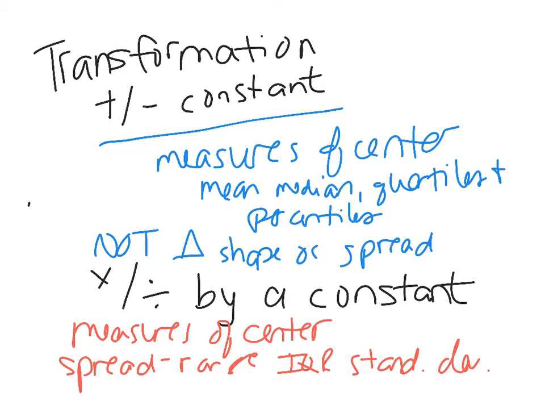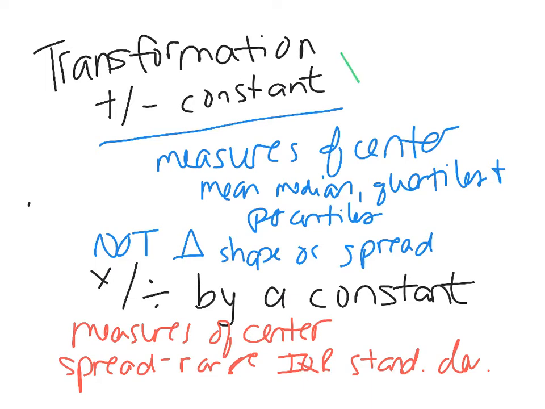Okay. When we're talking about variance, which is going to be important in this particular set of things that we're going to be doing, you cannot just multiply the variance. You will multiply the variance by the constant squared. Okay, so keep that in mind.